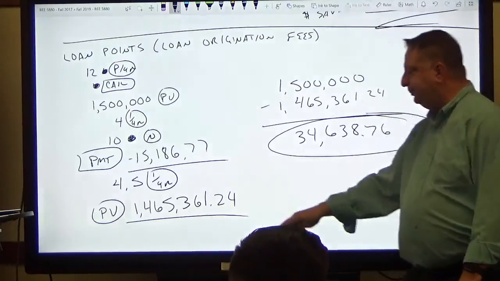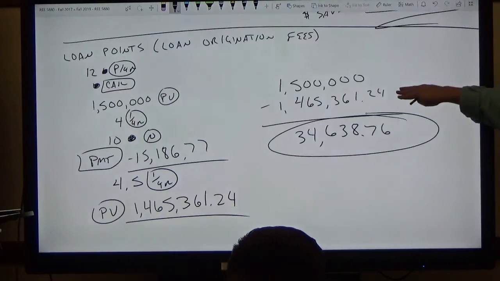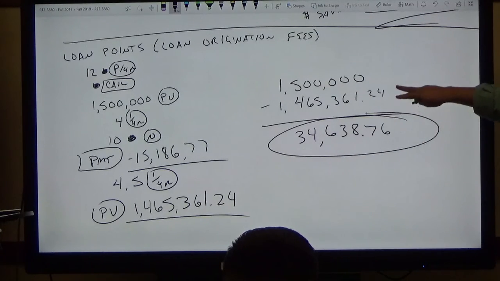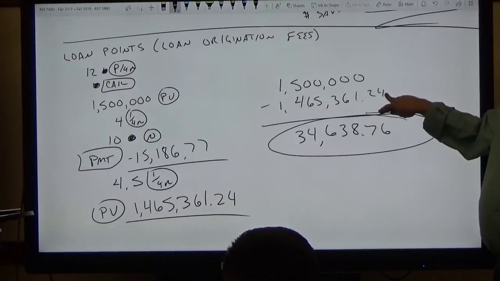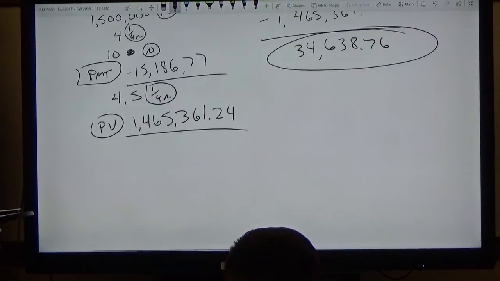So we have to net only a $1.4 million disbursal to the borrower, because they are in essence going to pay us $34,000 up front in fees. Yet over the 10 years, they're still paying us back the full $1.5 million. But from the lender's perspective, they're only really disbursing a net of $1.4 million.